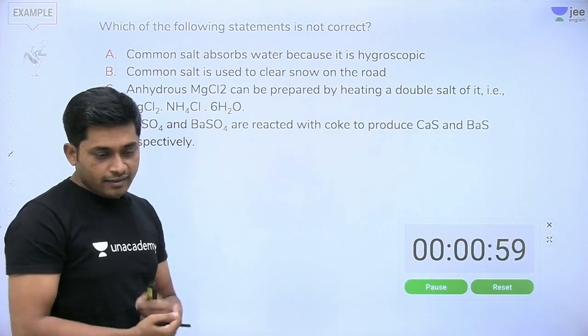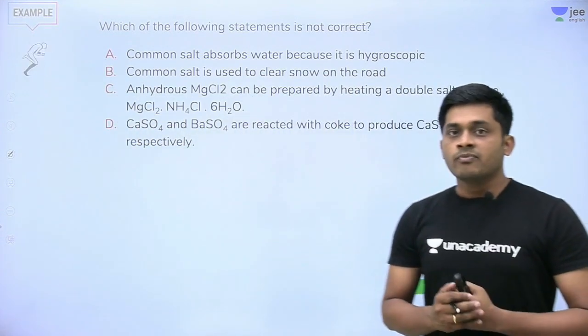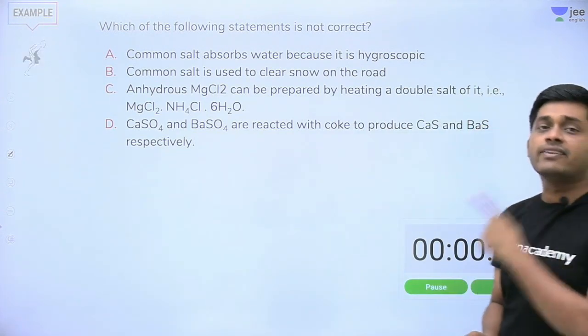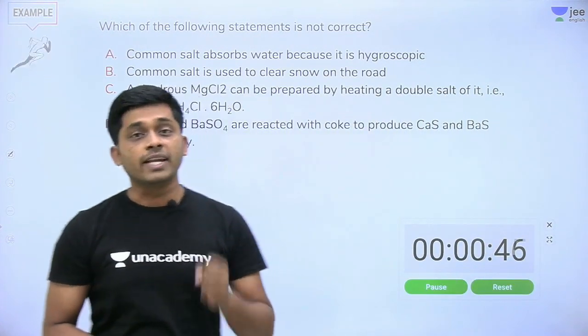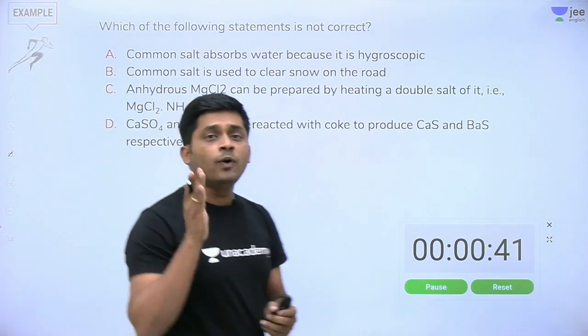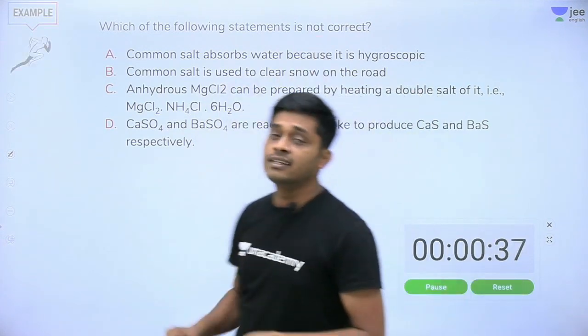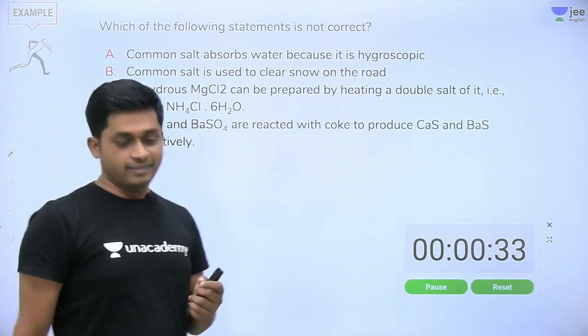Right. Next question started. What are your answers now? Anhydrous magnesium chloride, that is very, very important. How do we get magnesium chloride? This is a very good question in the second group. So every important point in NCERT lines we touched in this sprint. Use it and get benefit.